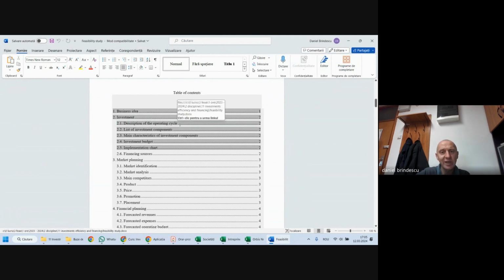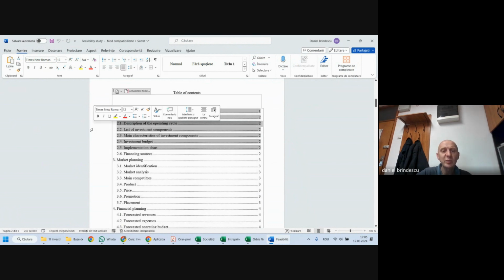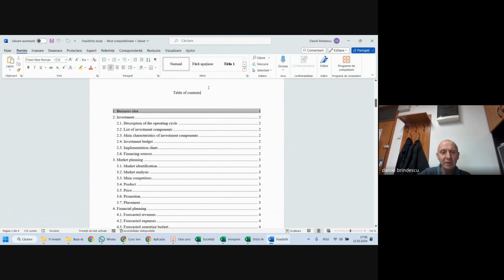I will show you how today later on. So this section 2.1 would be the most important section. Maybe it could even be the only section to fill in until the following week. Okay, so this would be your first assignment.